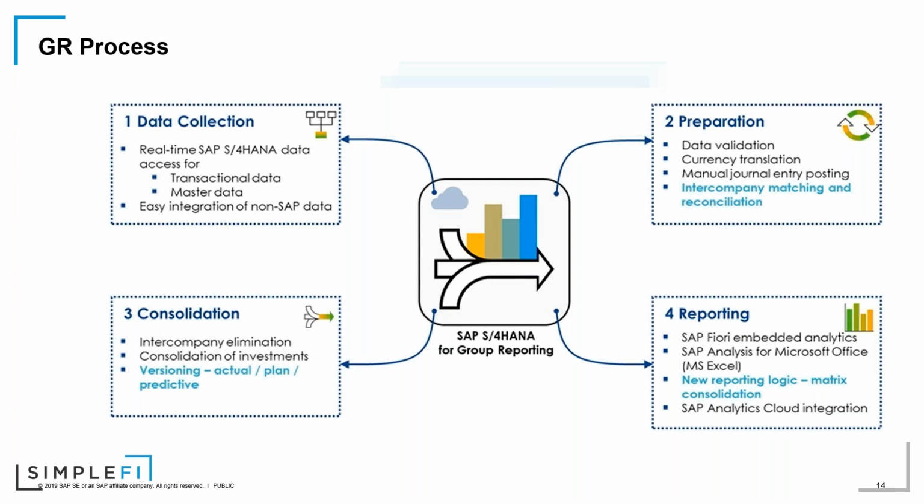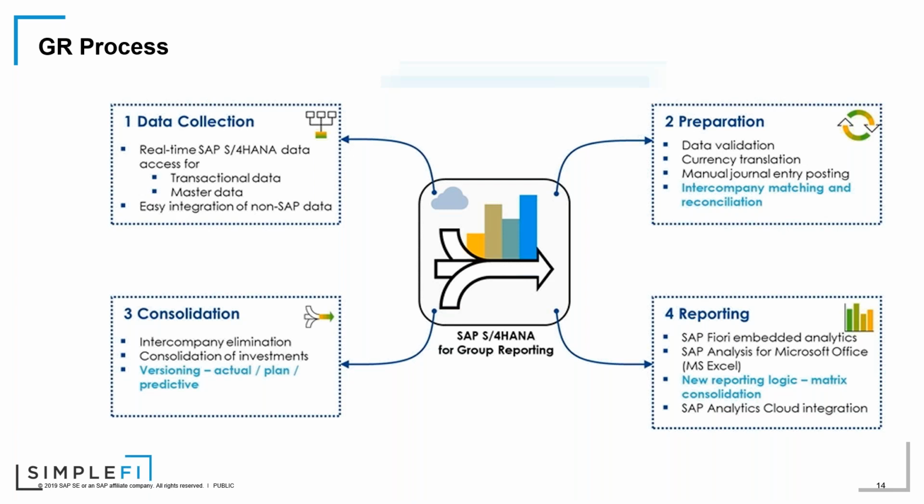Starting in the 1909 release of group reporting, the ledger concept went away, the version concept came in. So now, instead of having multiple ledgers, we have multiple versions, which gives us the capability to extend those versions out and have different versions that can keep using the same core data, but then we can have different currency translations for different groups.